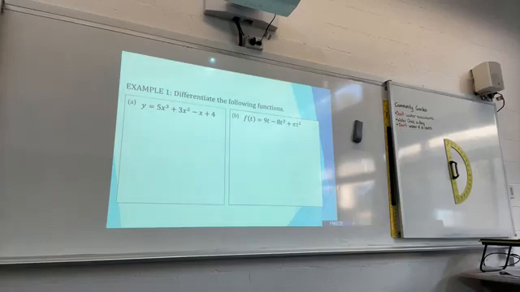Now, pi is actually just a coefficient in this case. It's 3.1415 and so on and so forth. So you should be able to work out the derivative of these two, combining everything that you know.